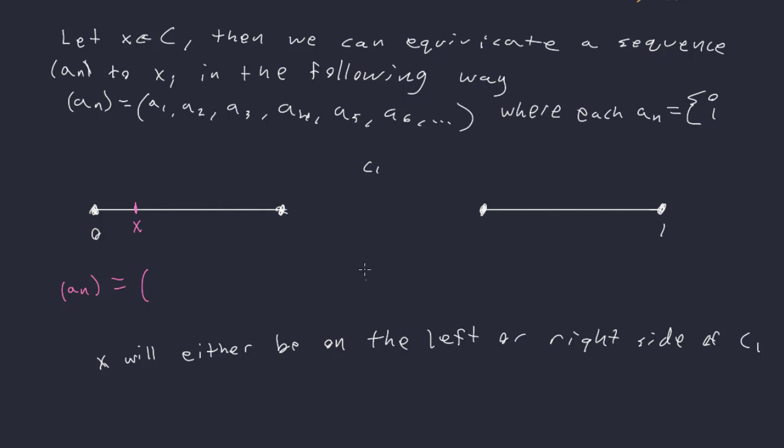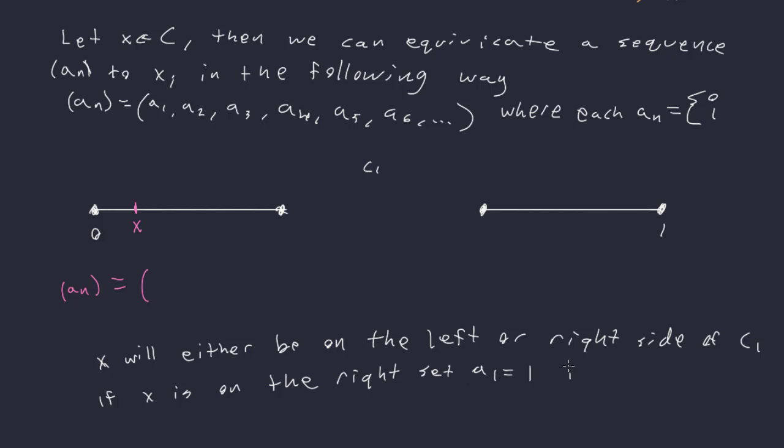Okay, so if x is on the right, we'll let the first term be 1. So if x is on the right, in other words closer to 1, we'll set a1 to 1.